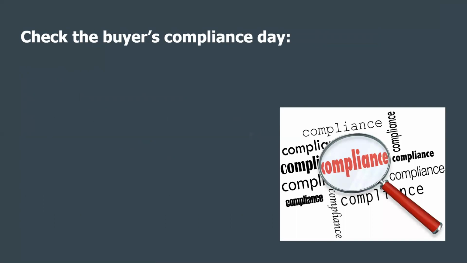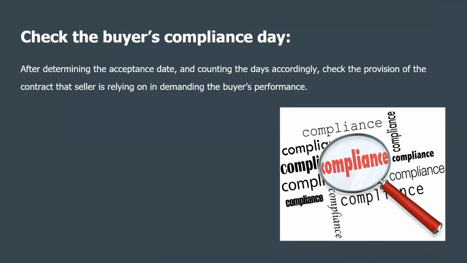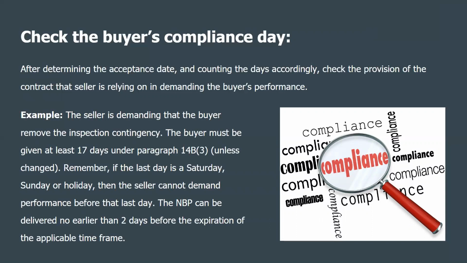So check the buyer's compliance day. After determining the acceptance date and counting the days accordingly, check the provision of the contract that the seller is relying on, demanding the buyer's performance. Another example, the seller is demanding that the buyer remove inspection contingency.